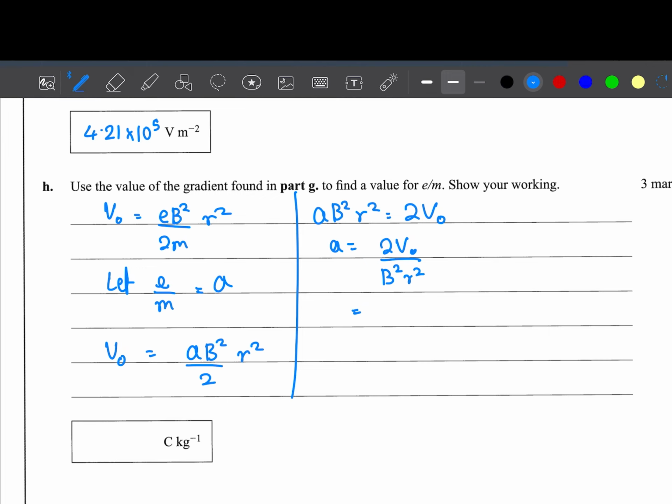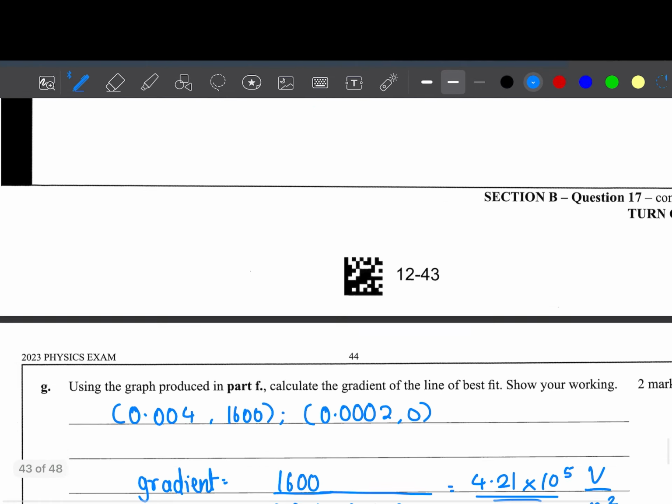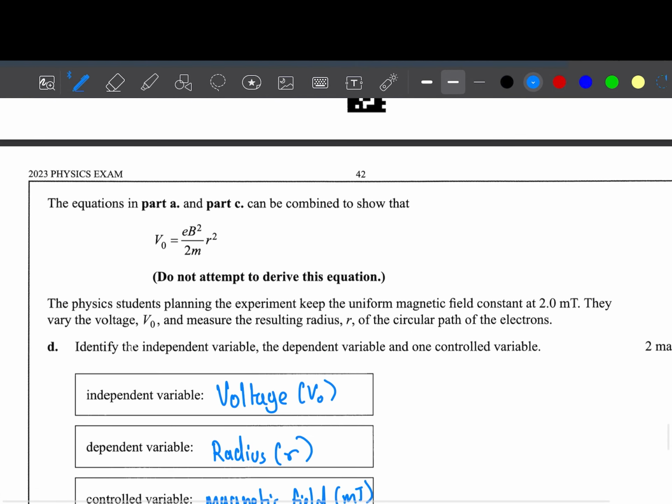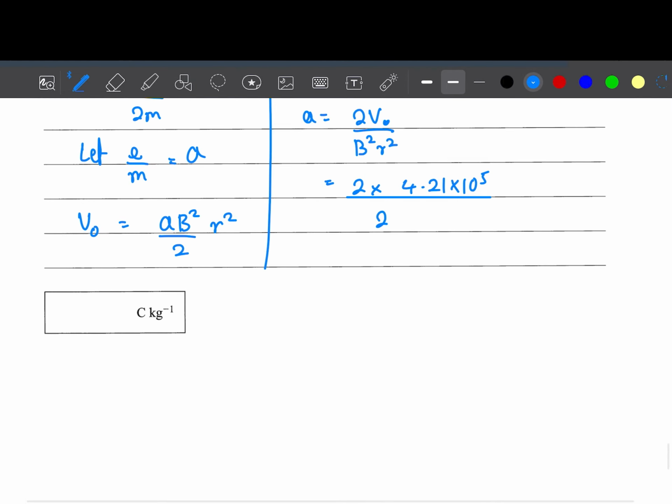So we know that V0 on R squared is going to be the gradient that we just found. So it would technically be 2 times 4.21 times 10 to the power of 5 on the magnetic field strength squared. What was that? It's 2 milli, so 2 times 10 to the power of minus 3, whole squared.